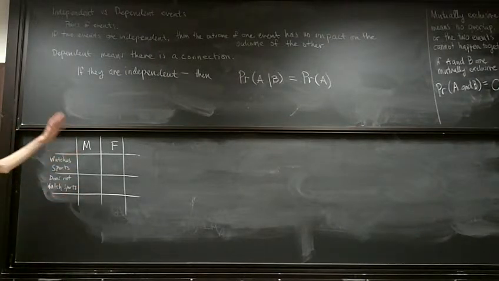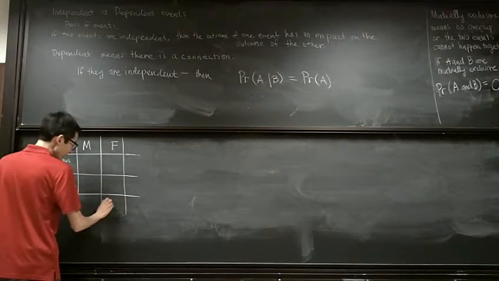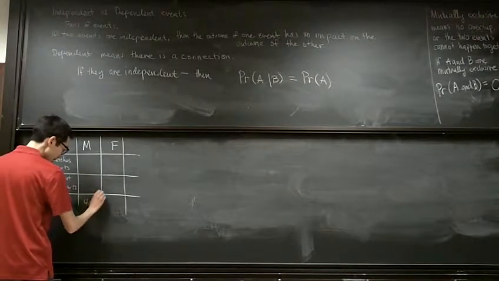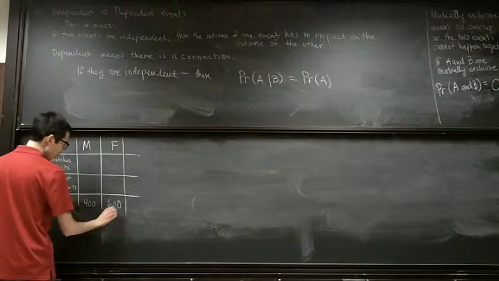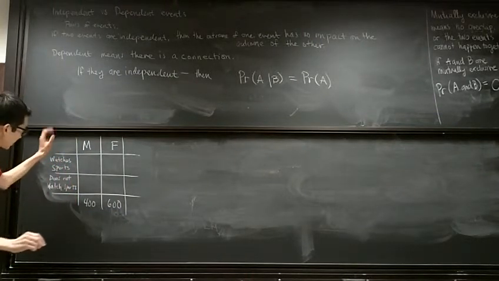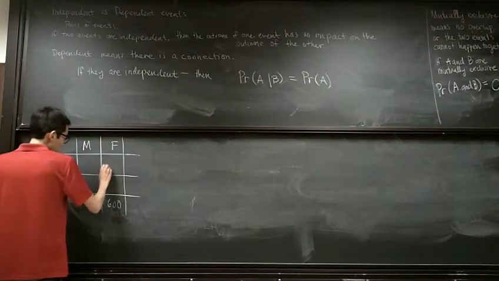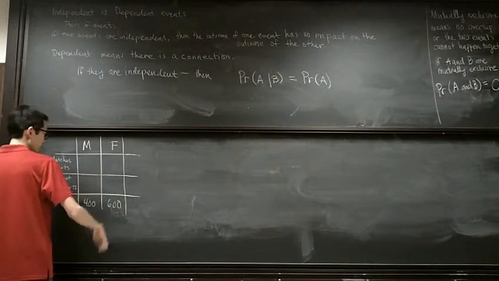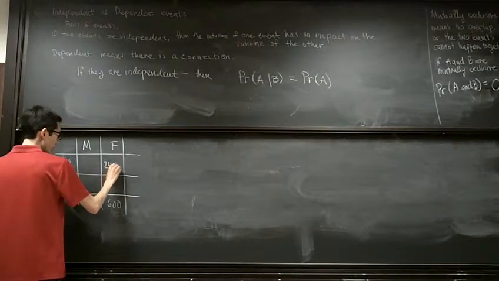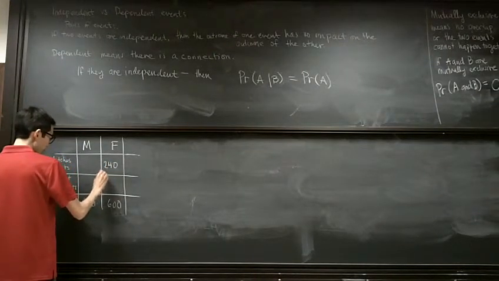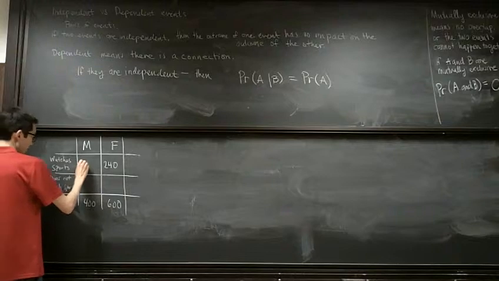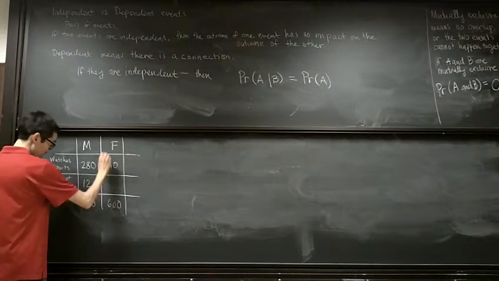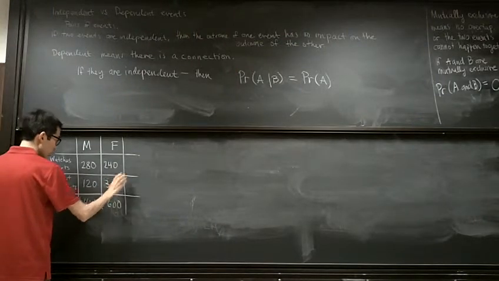Okay, alright, so let's say there are 400 males, 600 females, and let's say 240 over here, and 280, so that leaves 120, and 360.